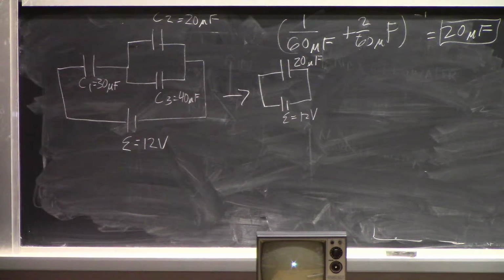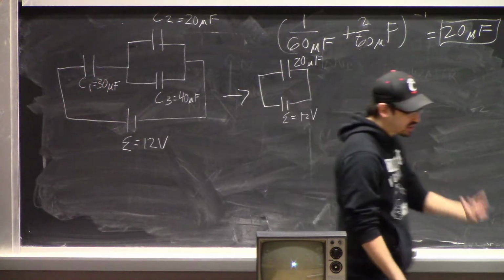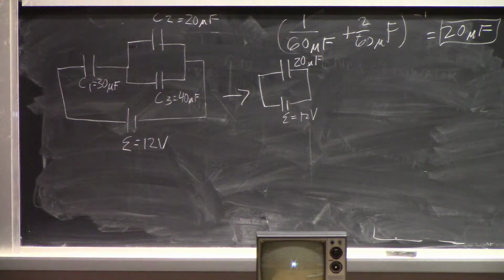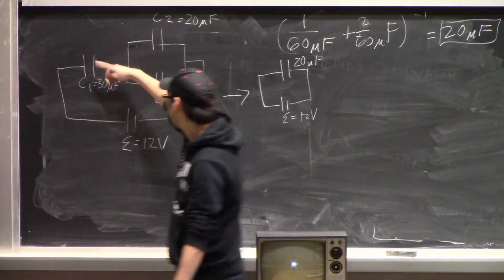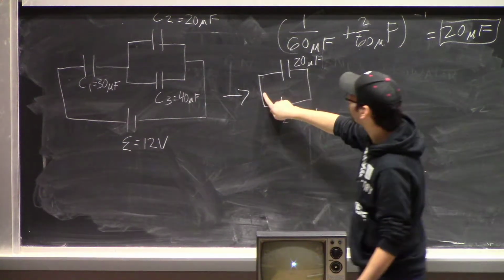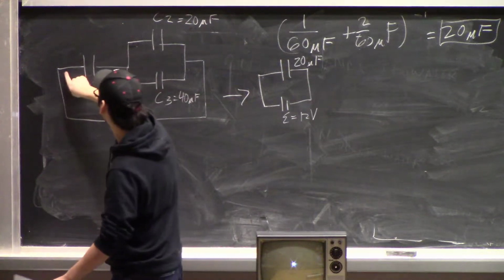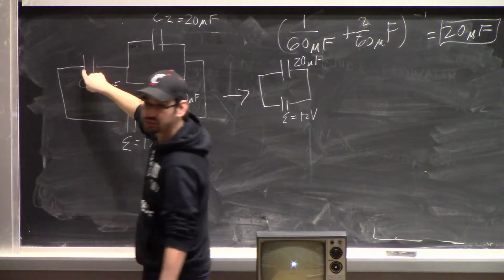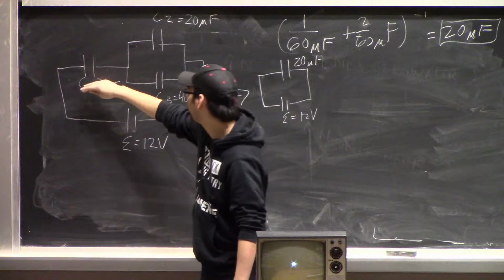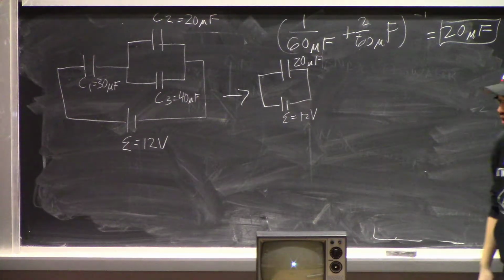The way you can think about this is when charges split, it's kind of the same way that current splits for resistors. So if these were all resistors instead, I could find the equivalent resistance to find the current coming out, and then all of that current is going to go through this resistor here.